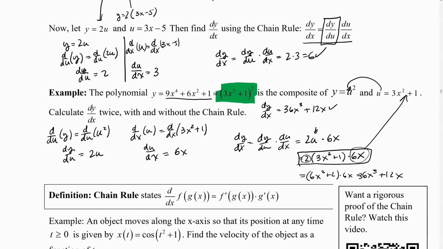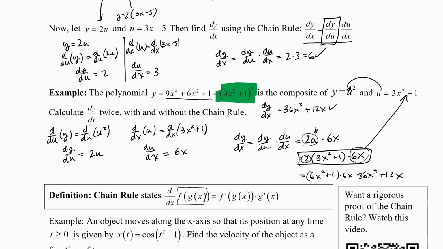Where did this 2 come from? From the derivative of u squared, 2u. So oftentimes, and actually more often than using the chain rule as originally stated, we are going to think about using this chain rule whenever we encounter a composite function, a function with another function inside of it.